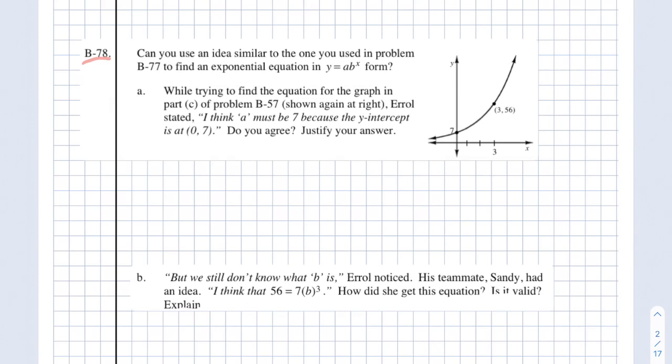So while trying to find the equation for the graph in part C of problem B-57, which is what we have on the right, Errol stated, I think a must be 7 because the y-intercept is at (0, 7). So we know that the equation that we're going to be using is y equals a, I'm going to put parentheses, b to the power of x.